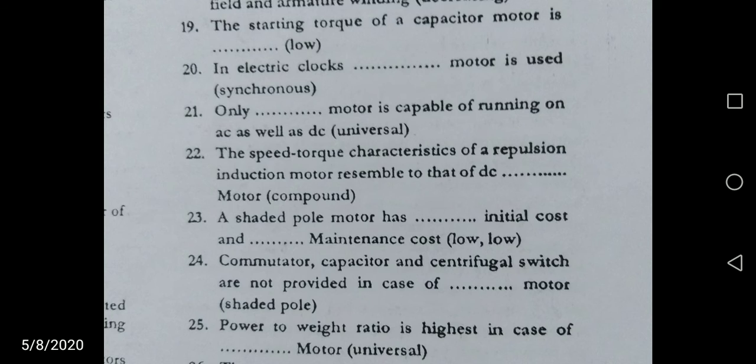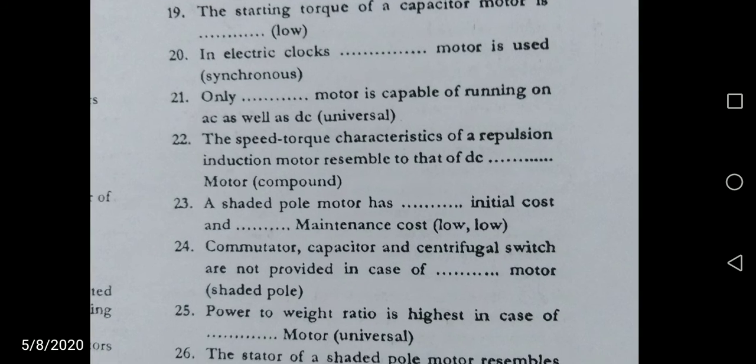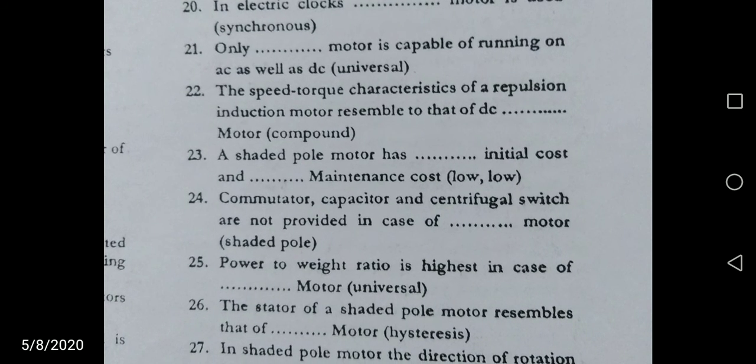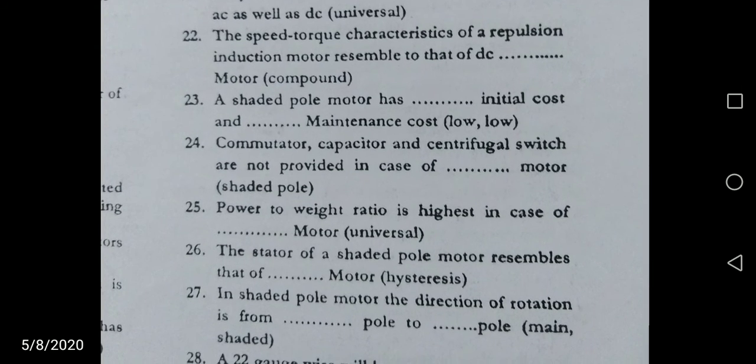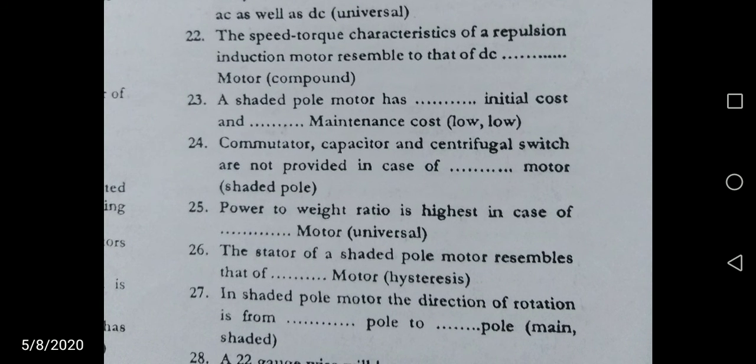A shaded pole motor has a low initial cost and a low maintenance cost. Commutator, capacitor and centrifugal switch are not provided in the case of this motor. Power to weight ratio is highest in this motor.